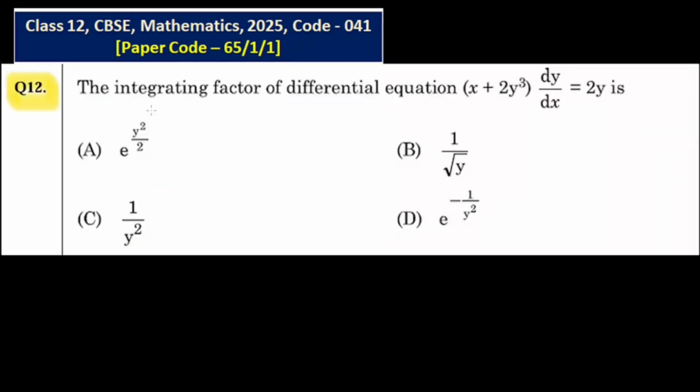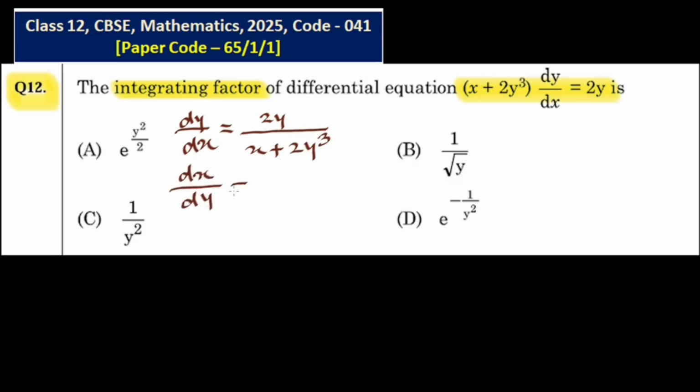Question 12. In this question, we have to find the integrating factor of the differential equation. The given differential equation can be written as dy by dx equals 2y upon x plus 2y cube. Here we have to take the reciprocal. dx by dy equals x plus 2y cube upon 2y. Now we can separately divide, 1 upon 2y into x plus 2y cube upon 2y, y square.